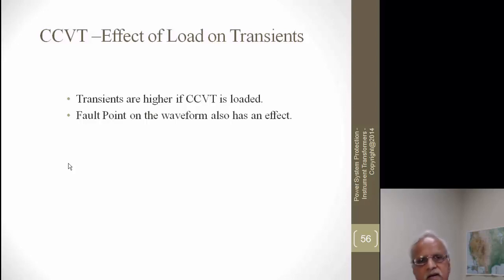Okay, and then we looked at how, depending on the burden, the CT performance changes, and then we used the Excel spreadsheet that is available freely on the IEEE Power System Relaying Committee website, and we tried to see how the CT saturates.